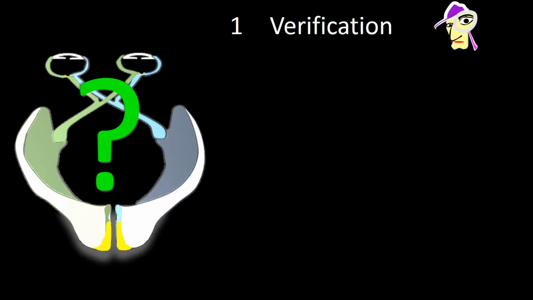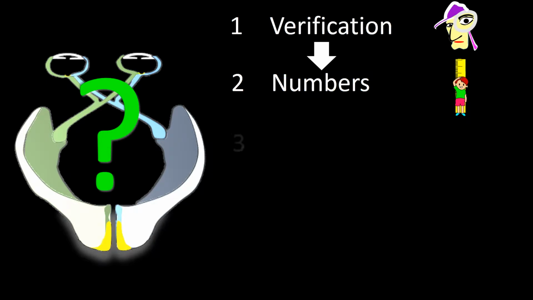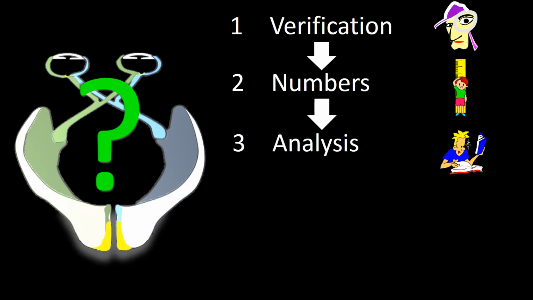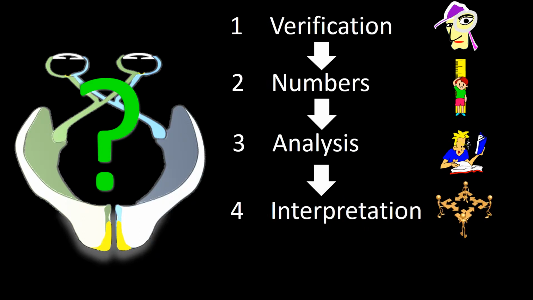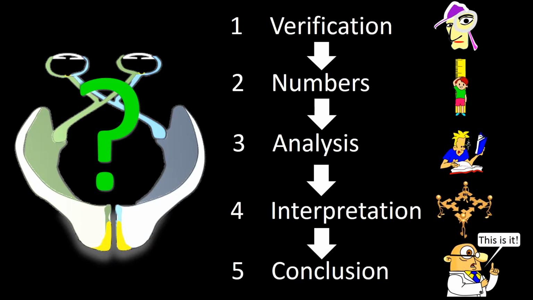I refer to the first step as verification, to the second step as numbers, to the third step as analysis, to the fourth step as interpretation, and to the fifth step as conclusion. Now I will explain each of these steps, starting with verification.